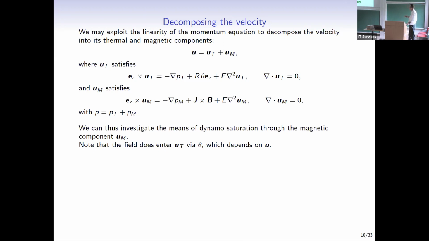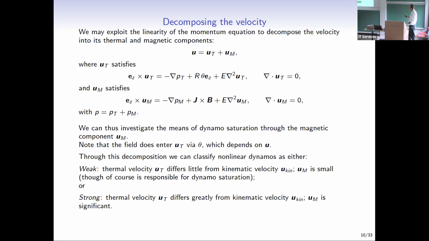So they're not quite as uncoupled as they look at first glance. Through this decomposition, we define two sorts of dynamo: what we're going to call weak field dynamos and strong field dynamos.